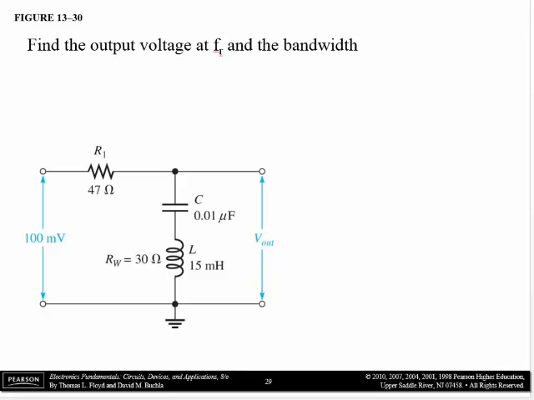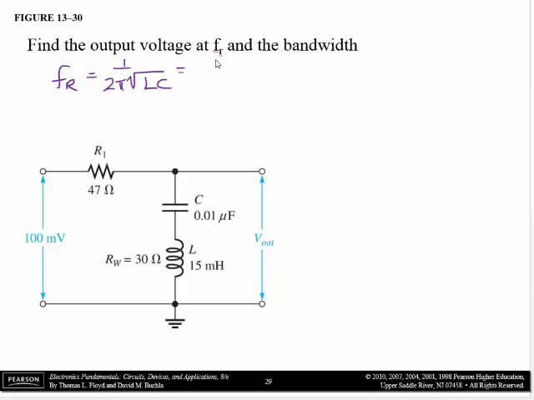So they said it's a resonant circuit, so that means XC must equal XL. But let's find out what that resonant frequency is. We will need that. The resonant frequency is 1 over 2 pi square root of LC, because when I find the resonant frequency, then I can find the XL and the XC.